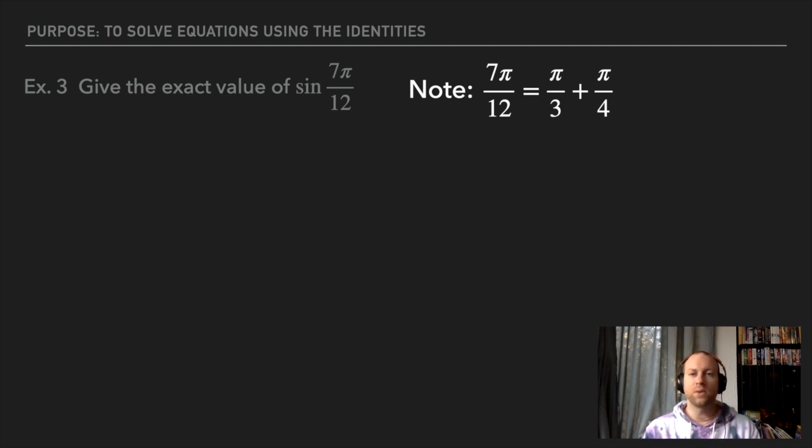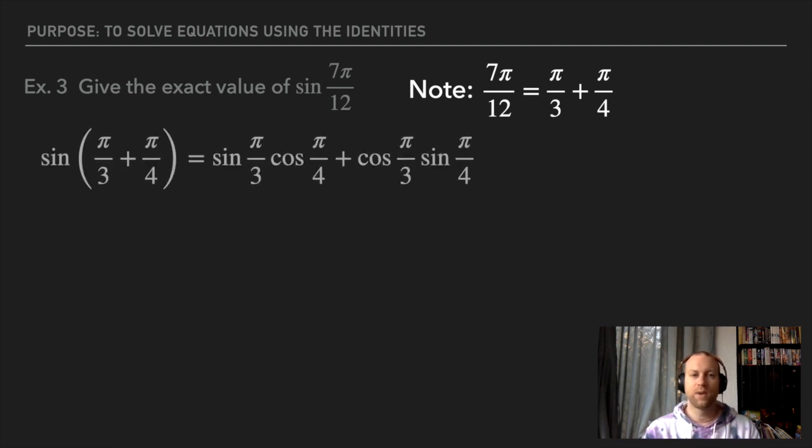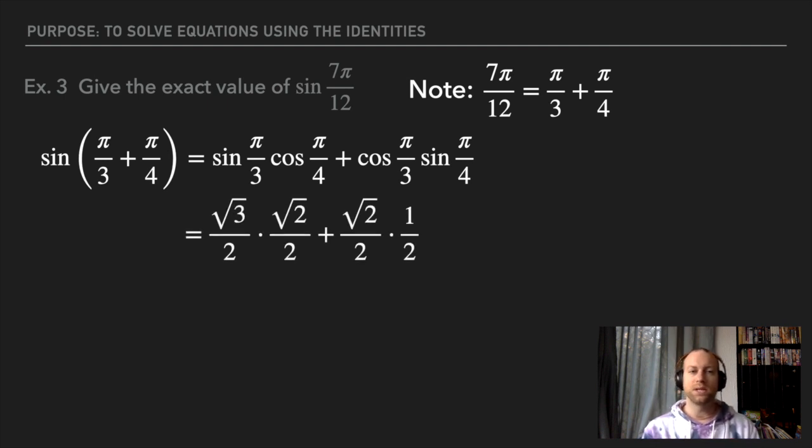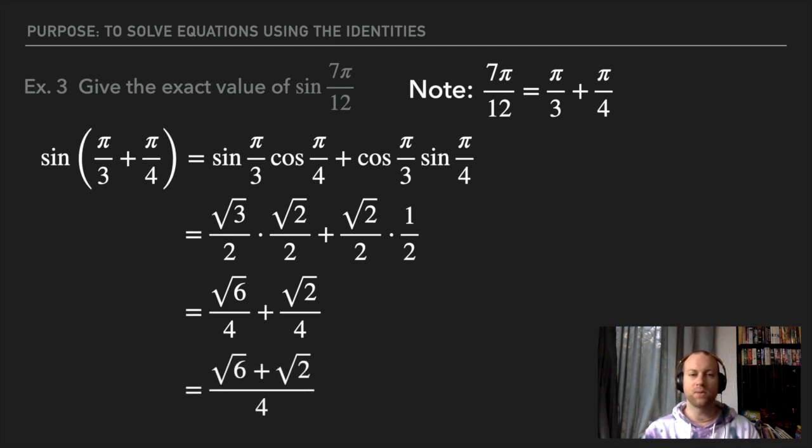So therefore, we know exactly what those values are for sine and cosine. So we take those two values, plug them into our identity. Again, those are values that are on the unit circle, so we know what those equal. Multiply, and then, since these have the same denominator, we can combine them like so.